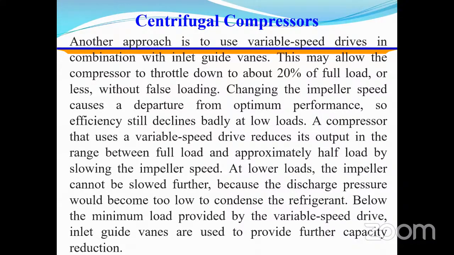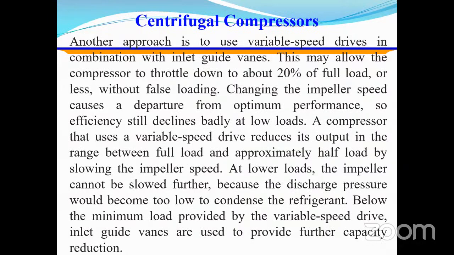This may allow the compressor to throttle down to about 20% of full load or less without false loading. Changing the impeller speed causes a departure from optimum performance. So efficiency still declines badly at low loads.